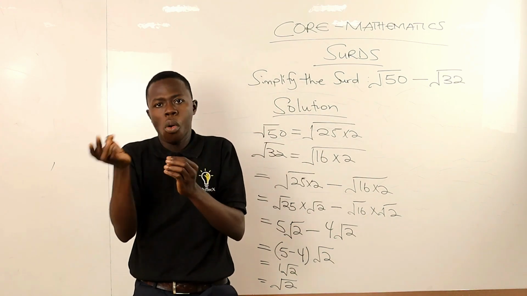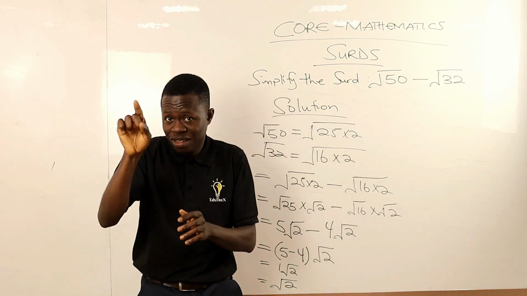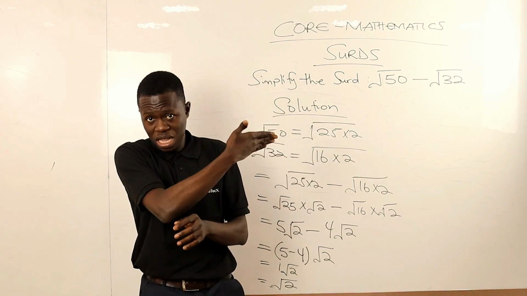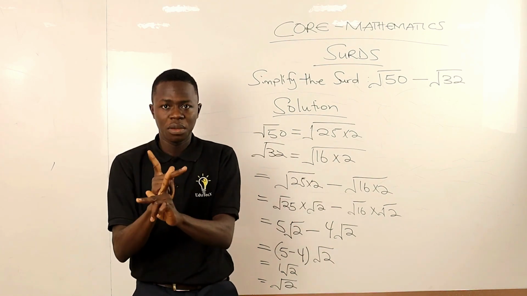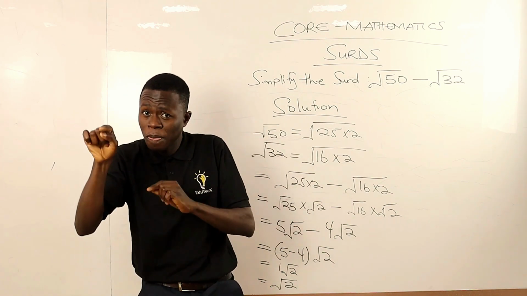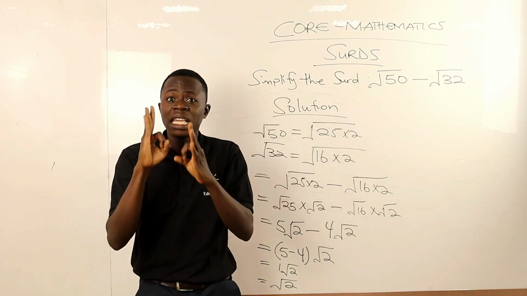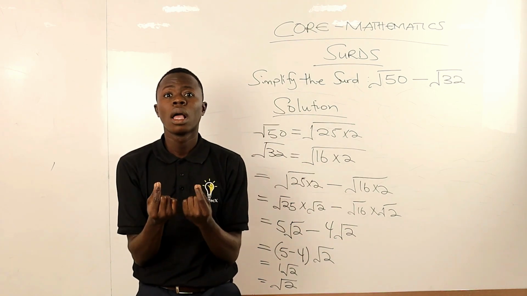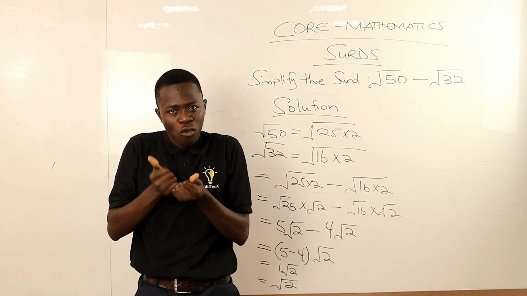Then after that, the two surds that are there, you realize if the numbers are the same, we just keep one of them, just like we discussed in this lesson. And then we also said that if the numbers under the square root sign are the same, we can add. If they are not the same, we do not add them.